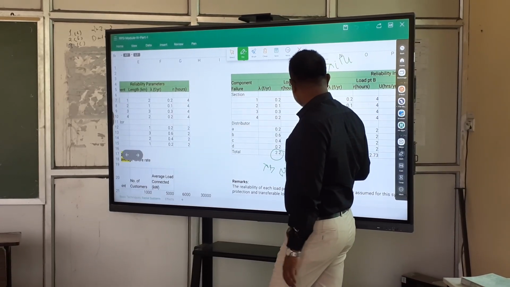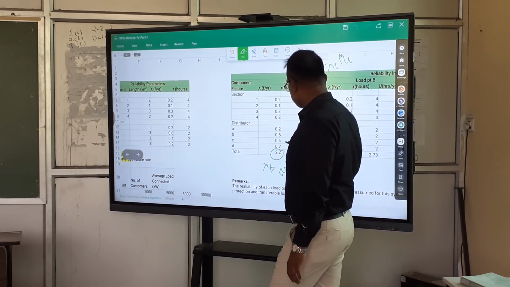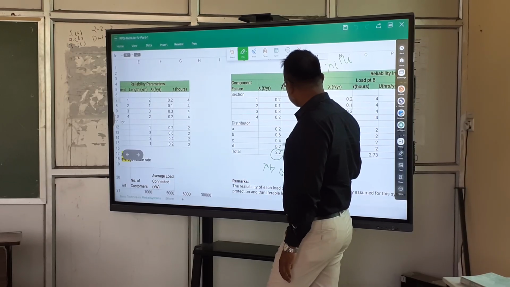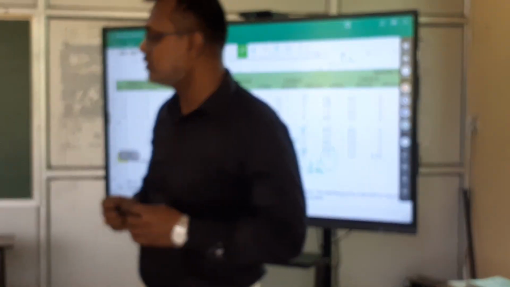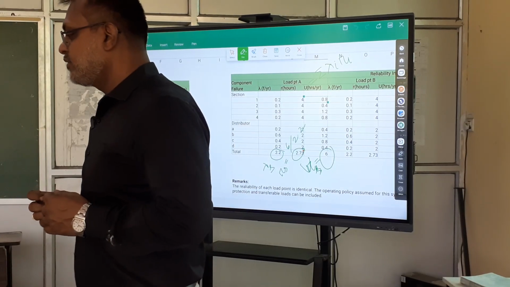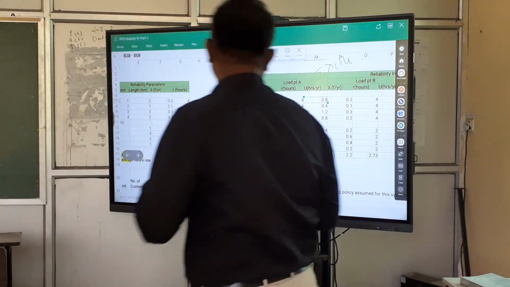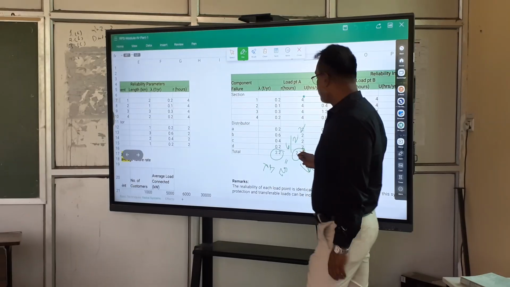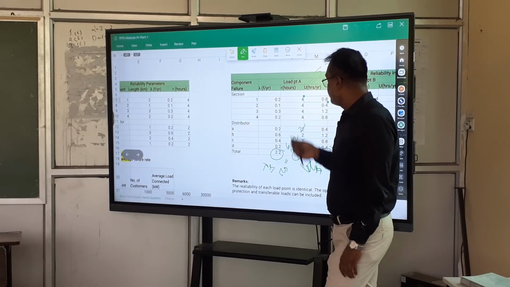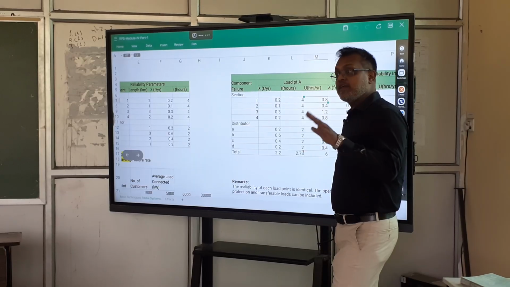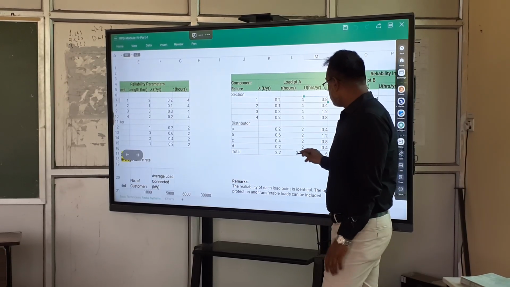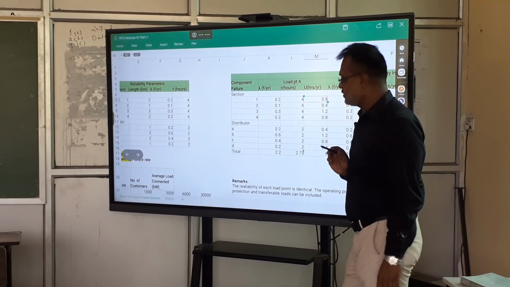So that means this is 6 divided by 2.2, equal to 2.736. So the first objective is cleared: these are the three basic indices.